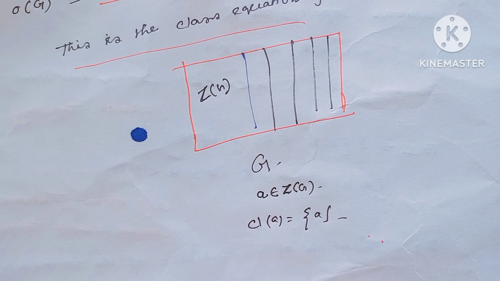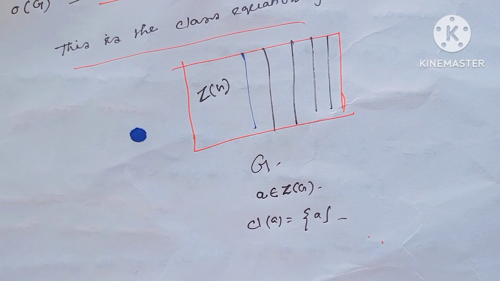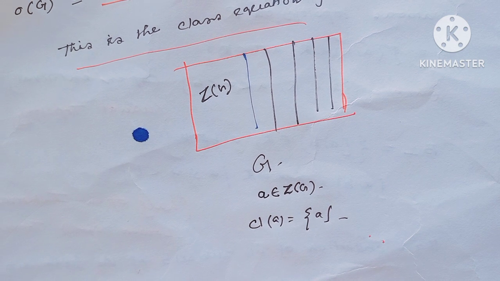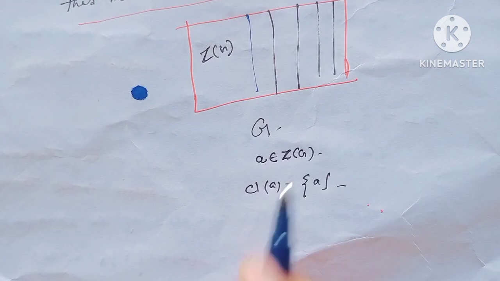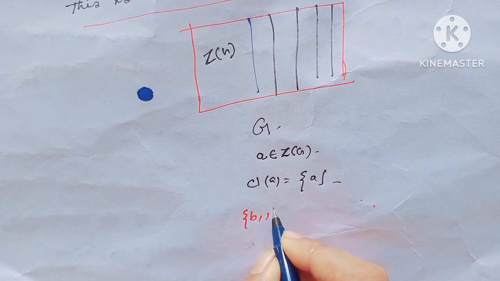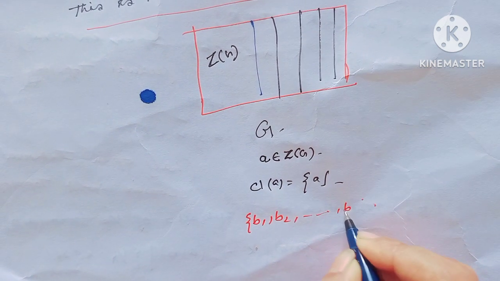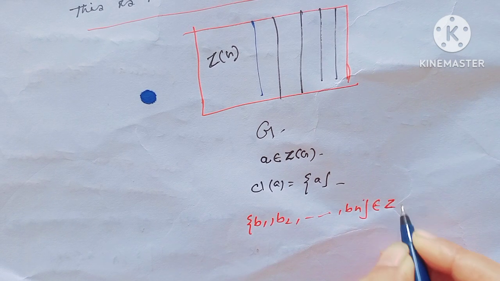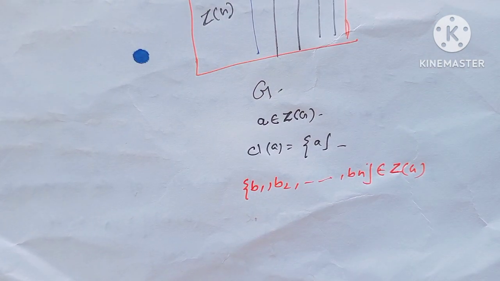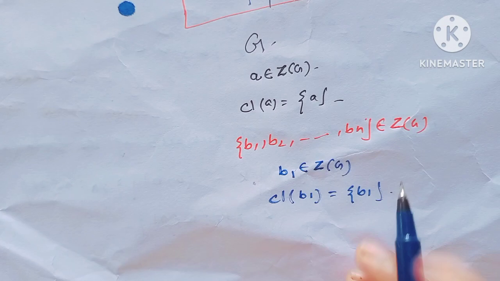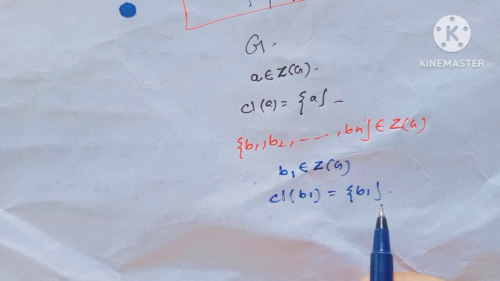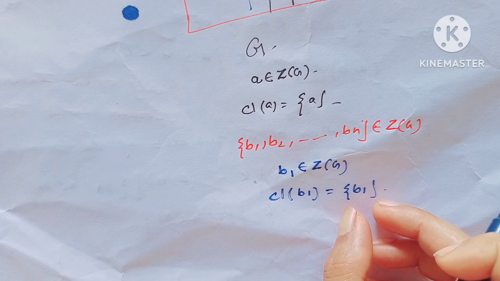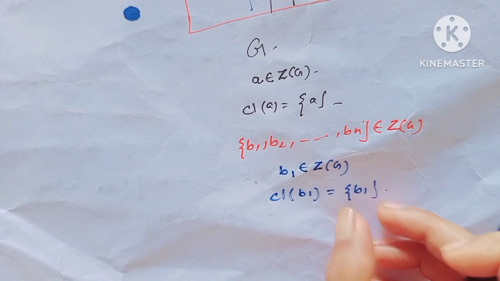Because when a member is contained in Z(G), then its class contains only this single element. If B1, B2, up to Bn belong to Z(G), then since B1 belongs to Z(G), the class of B1 equals only the element B1.